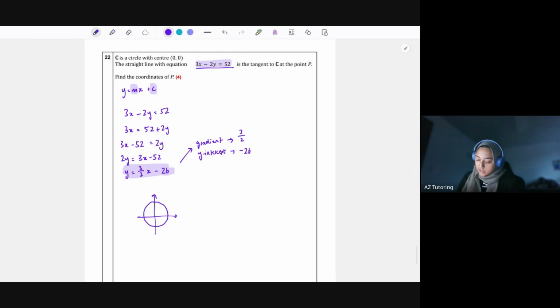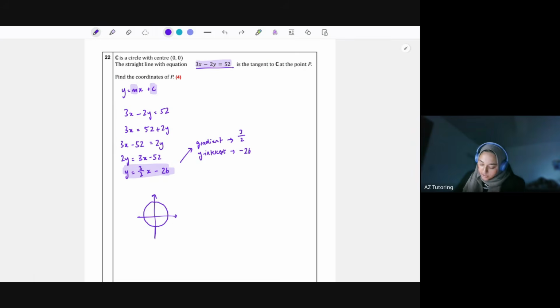Now this tangent line, we know that it crosses the y-axis at minus 26, which is down here somewhere. So it's in this bottom quadrant over there. And we know that it's got a positive gradient. Remember, a positive gradient goes upwards like that. If it was negative, it would have gone downwards.